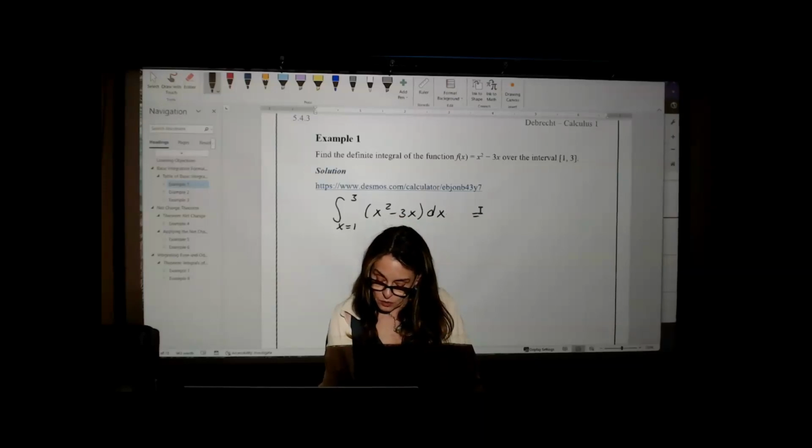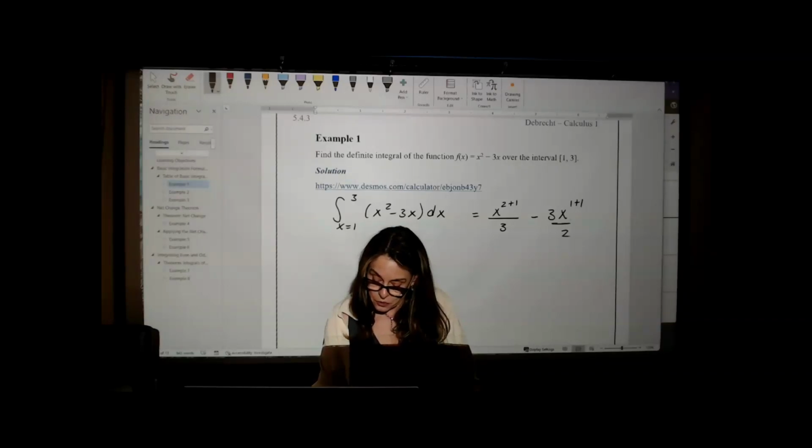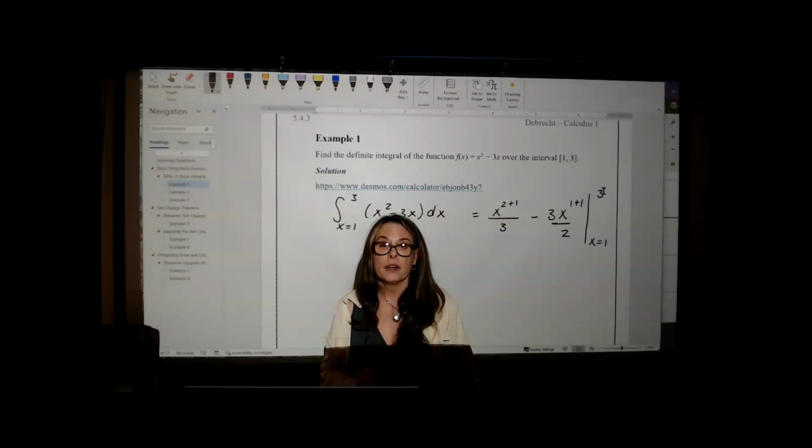Applying the power rule for integration, I get x to the 2 plus 1 divided by the new power 3, minus 3x to the 1 plus 1 divided by the new power 2, and it needs to be evaluated between x equal 1 and x equal 3.